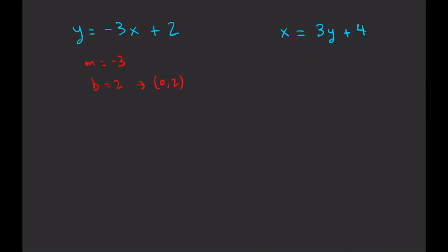Constant times x plus another constant. If I gave you something, we'll see this later, like 3 times x minus 2 plus 5, a lot of people would say, oh, great, okay, m is equal to 3 and b is equal to 5. But that's not quite correct, because in this case here, we are not in mx plus b format.